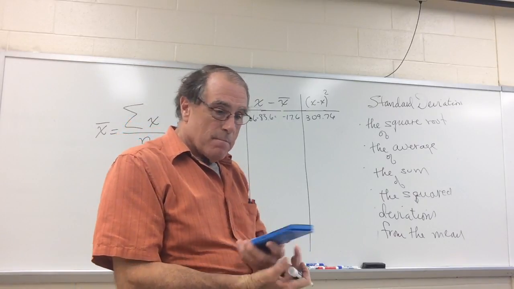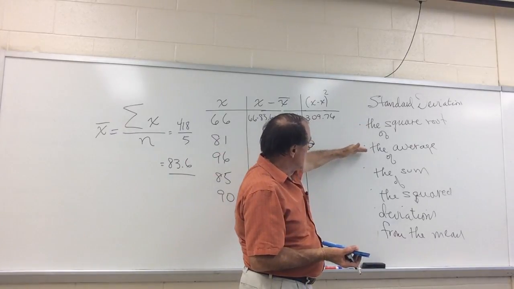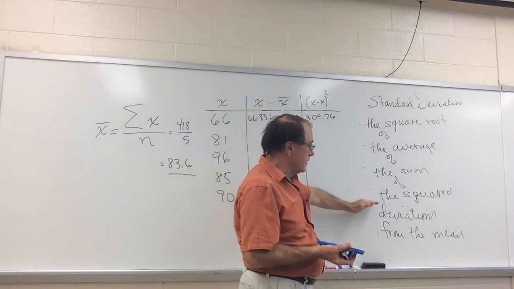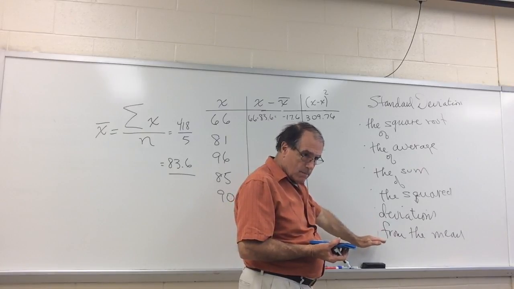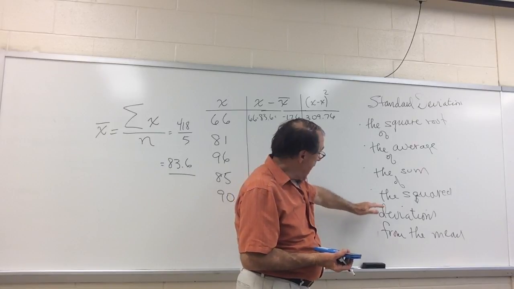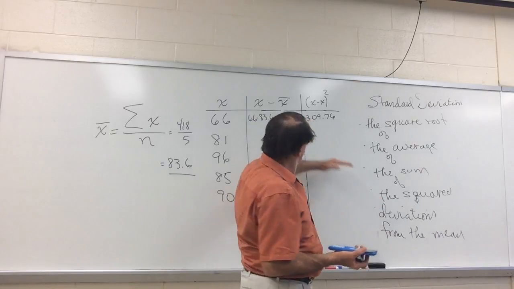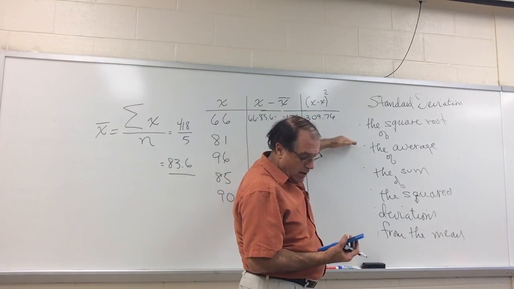Look at the list: the square root of the average of the sum of the squared deviations from the mean. So I got the mean, find the deviation of each number, and square each deviation. I'm taking the deviation and squaring it.